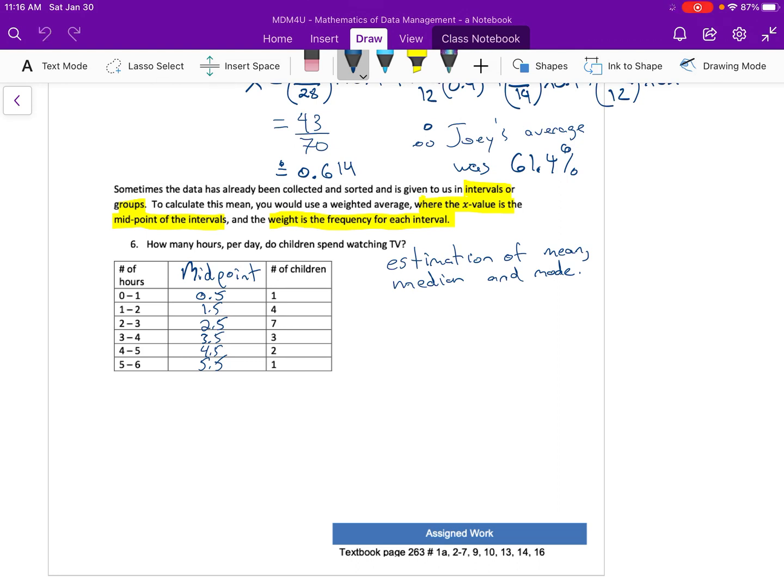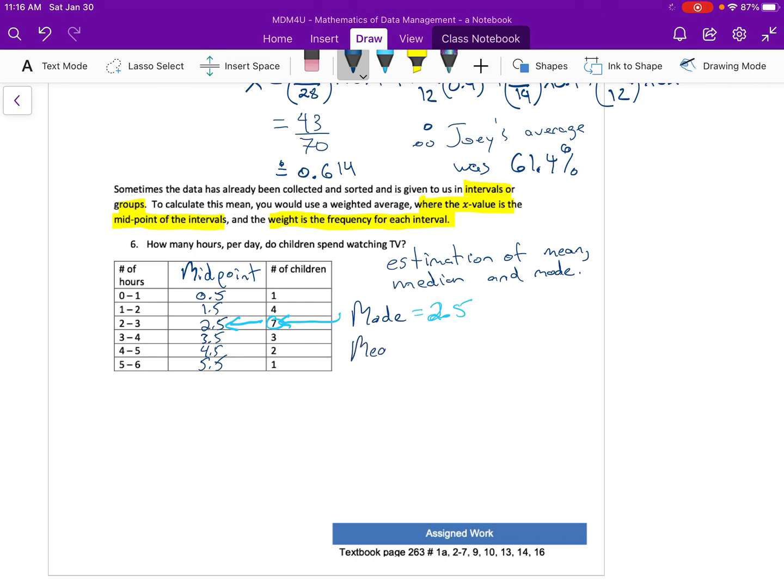So you can automatically come up with the mode directly from looking at this. The mode is the one that occurs most often, and that's the frequency. And so your mode is where this occurs most often, and the value associated with that is 2.5. And so we give the midpoint as the value.